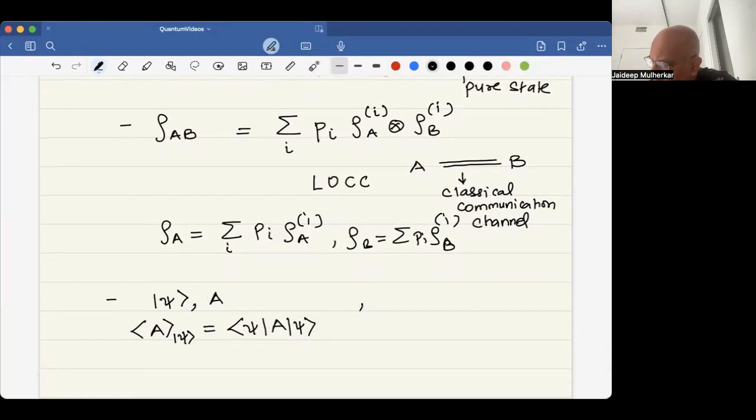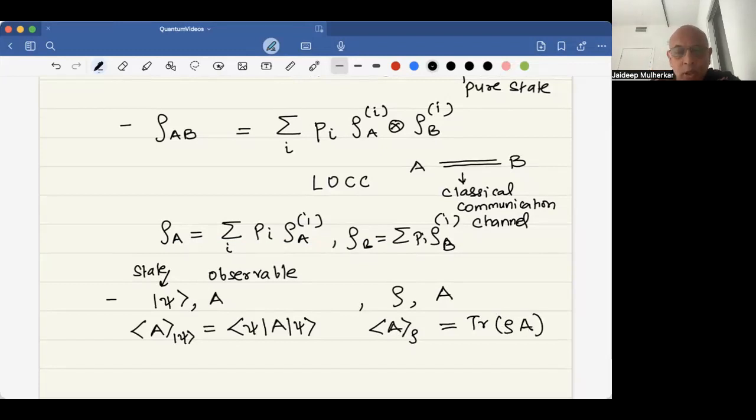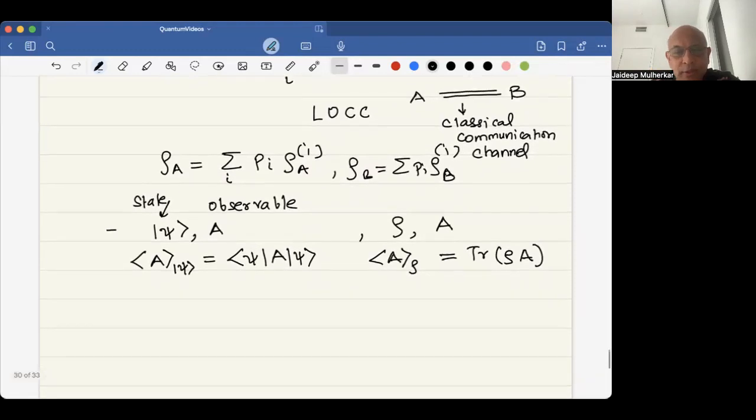And similarly, if I have a density matrix and I measure it with an observable, so this is a state and this is an observable, the expectation value of A for this density matrix rho is just the trace of rho A. So that's the setup.